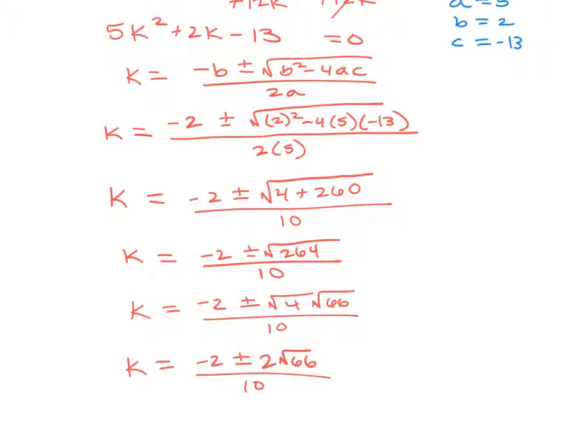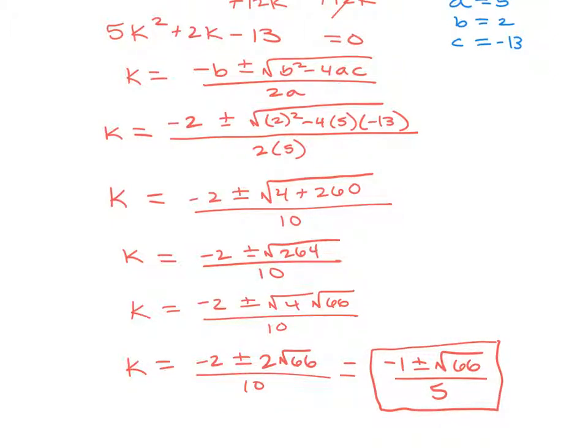And now I can simplify negative 2 over 10 and positive 2 over 10. We can cancel out a 2 and simplify that to be negative 1 plus or minus 1 root 66 all over 5. And 66 does not simplify any further. There are no perfect squares in there. And so we are good to go, leaving our answer like that.